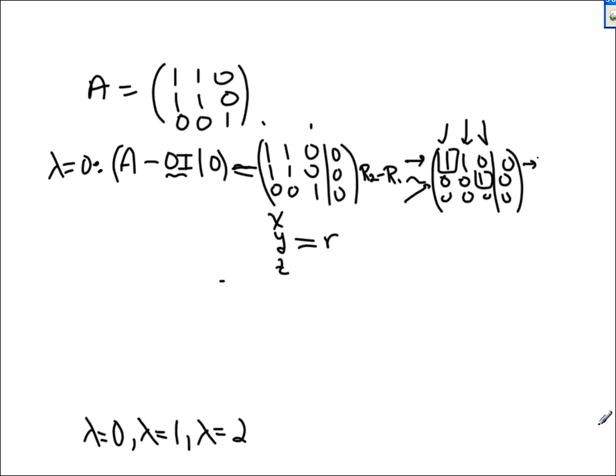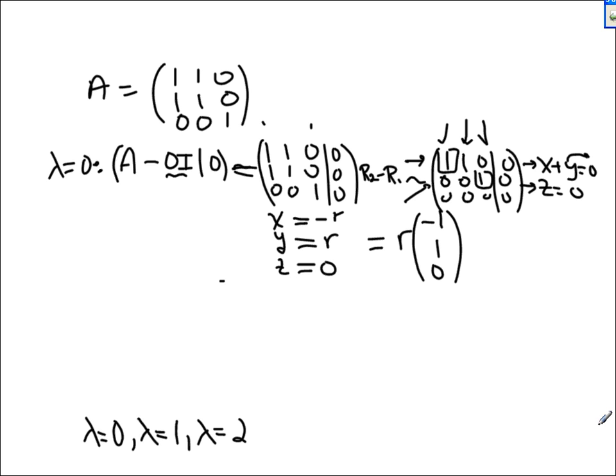The first row says that x plus y is 0, so x is negative y, but y is r. And the second row says z equals 0. So what I get is r times negative 1, 1, 0. I'll call that the eigenvector: x associated with lambda equals 0 is negative 1, 1, 0.